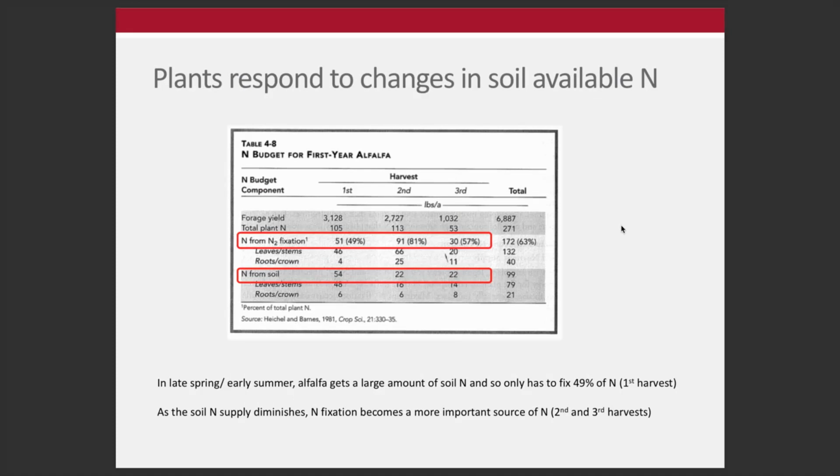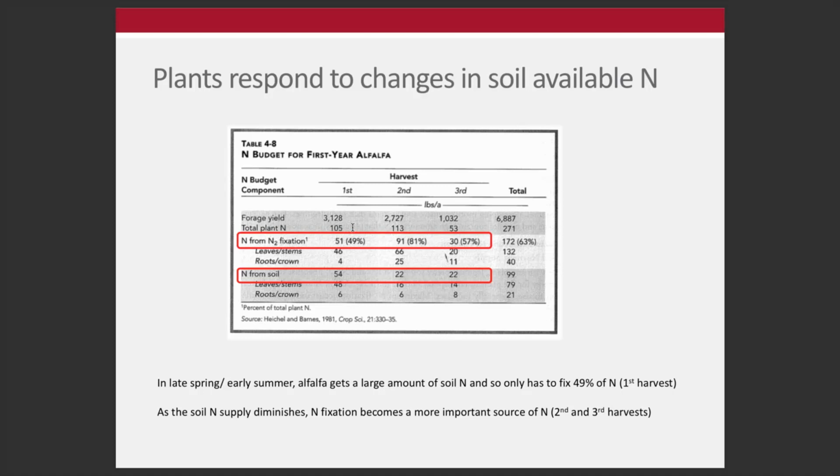We need to recognize that plants respond to changes in soil available N. Okay, so this is some nice data, a little old but still highly relevant, looking at alfalfa in a first, second, or third cutting. You can see what I've just highlighted here: N from biological fixation and N from the soil.